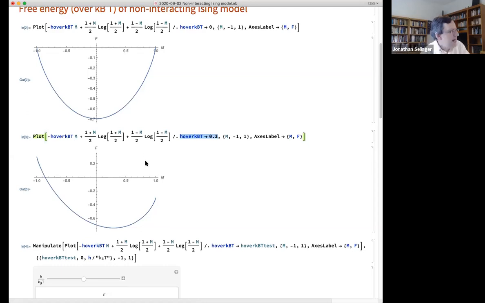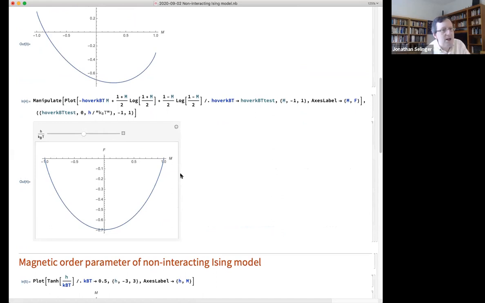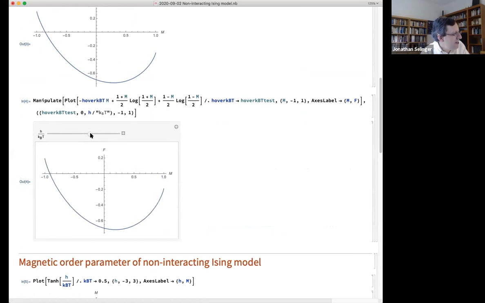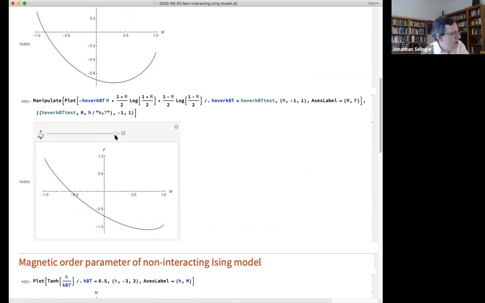And then here's my cool Mathematica trick for the day. Here is a plot of the free energy with a little slider to control the magnetic field. So you can see if I make the magnetic field positive, the minimum shifts over to a positive magnetic order parameter.